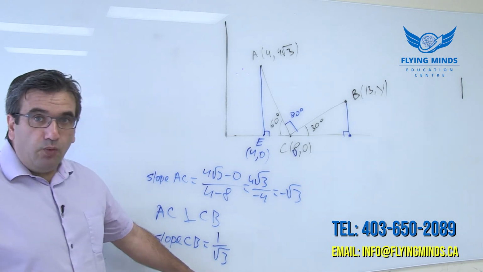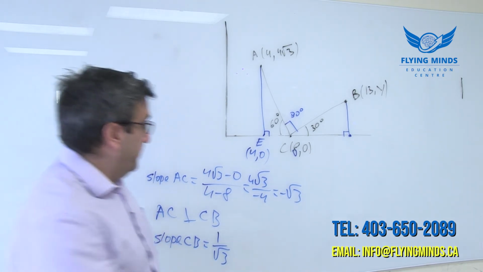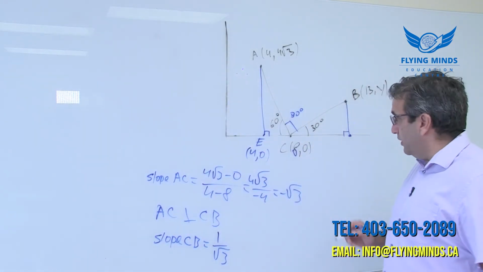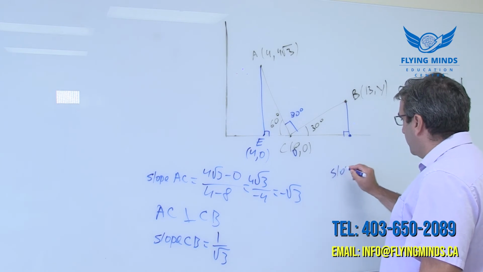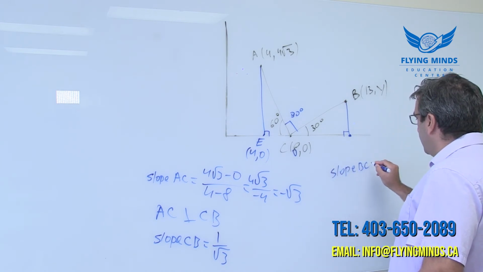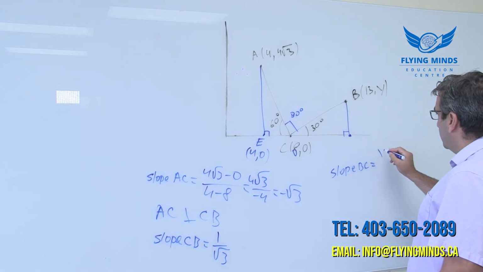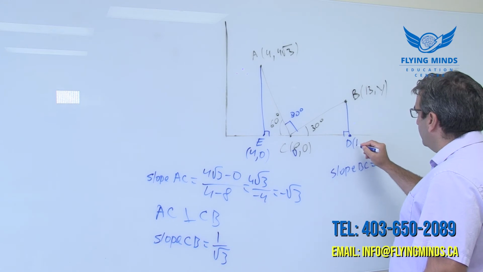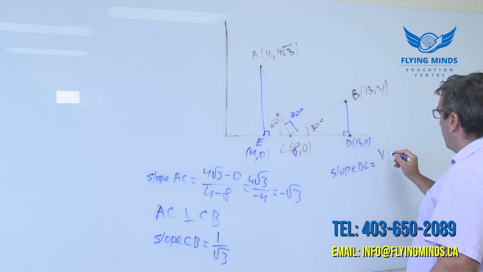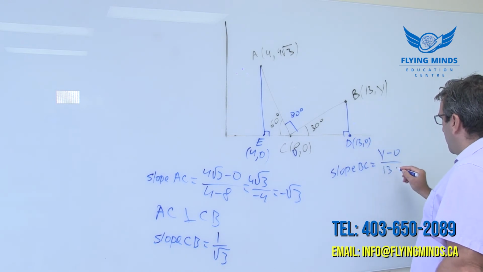Okay? And now we're back to the first solution. The slope of BC equals rise over run. Rise will be y minus 0, and run will be 13 minus 8.